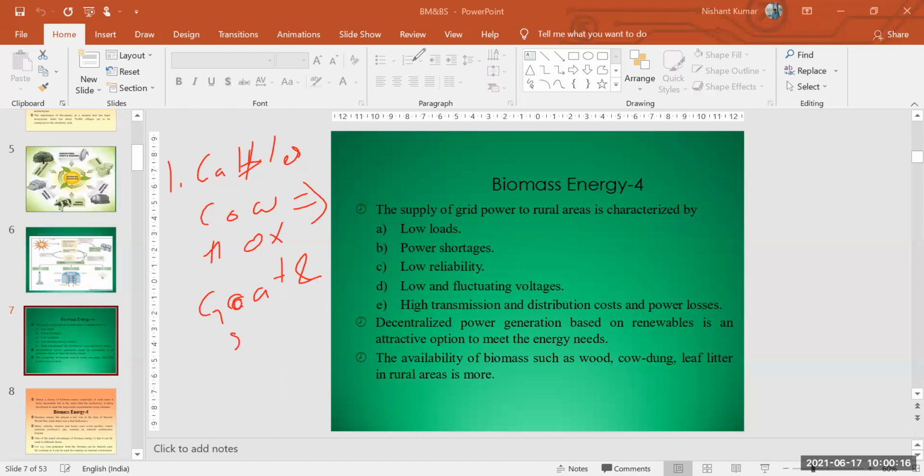So we collect this data, and based on that we calculate what the supply could be and what the plant rating could be.